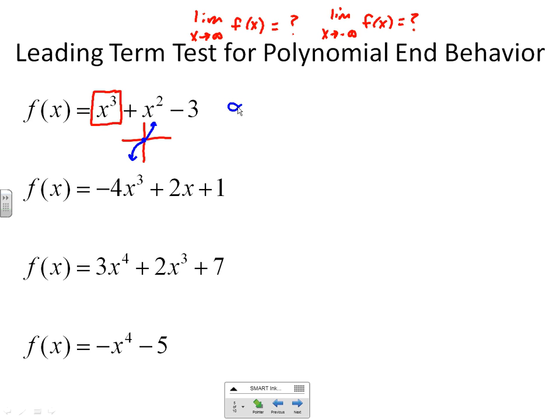So that would be positive infinity for that first question. The limit as x approaches infinity of my function goes to infinity. The other one, as I go to the left on my x, I'm falling, okay, which means I'm going towards negative infinity.